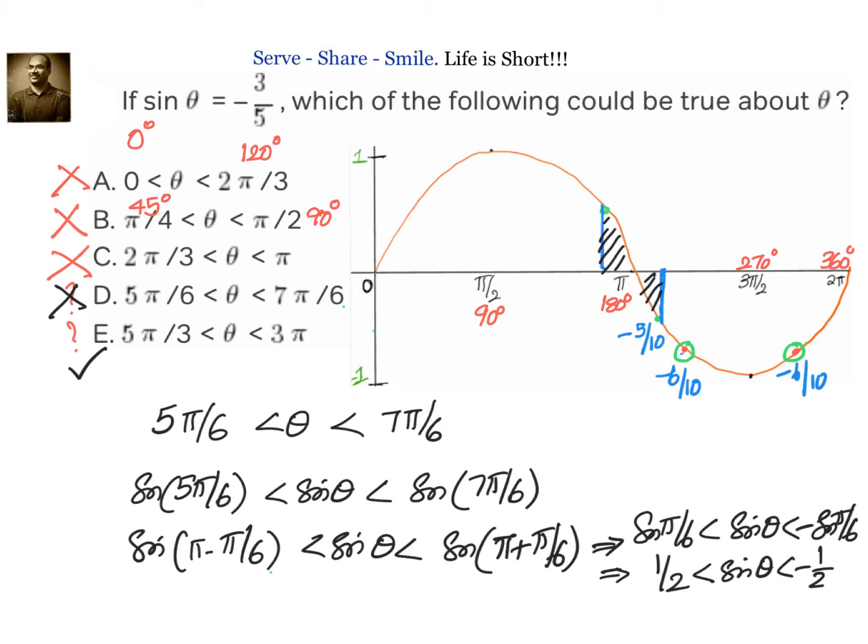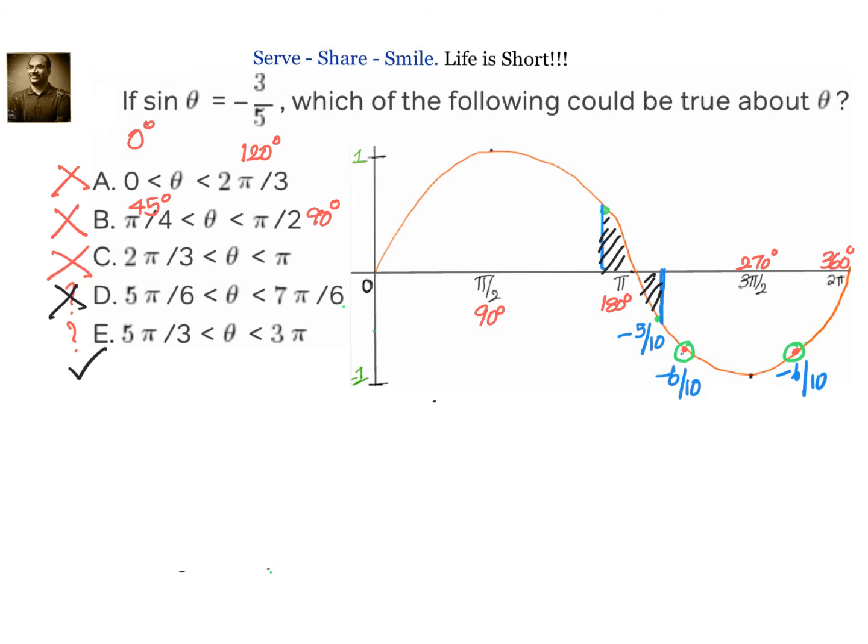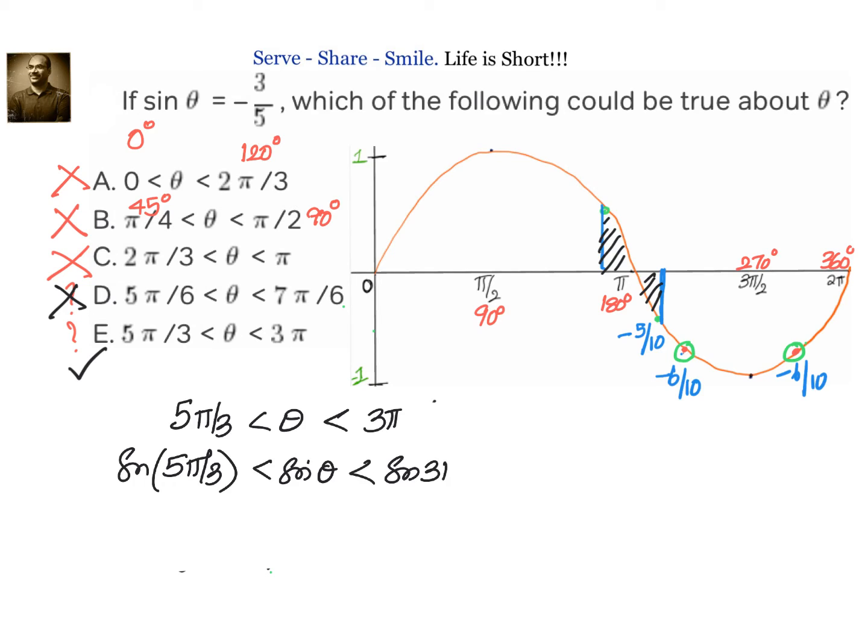Now let us see how option E is correct. We'll write down option E, that is 5 pi by 3 is less than theta is less than 3 pi. So sine of 5 pi by 3 is less than sine theta is less than sine 3 pi.